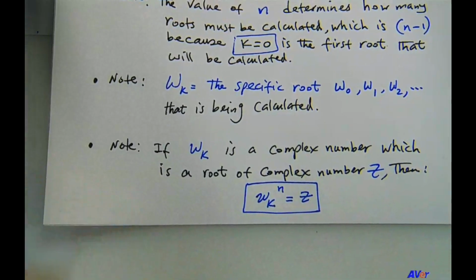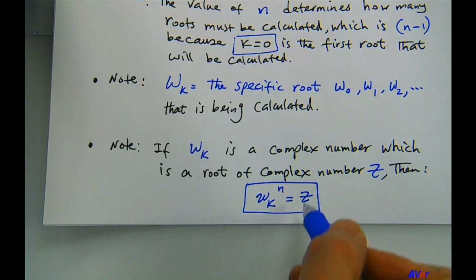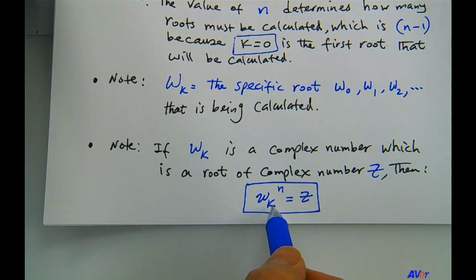All right? So each of those roots that we're finding, if you raise each one to the n power, suppose we found 5 roots, then if we raise each of those individual roots to the 5th power, we should get the original complex number, keeping in mind that W_k itself is a complex number as well.